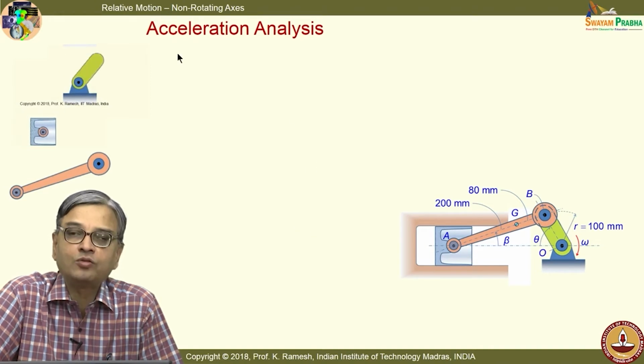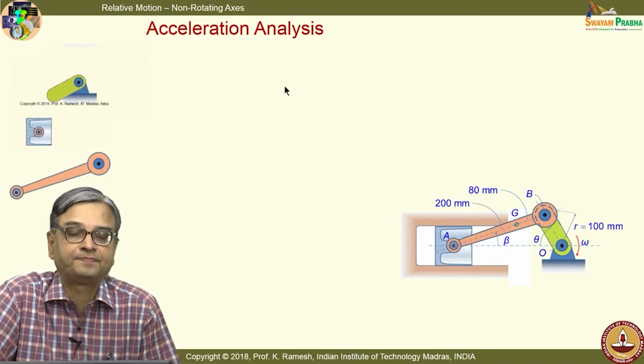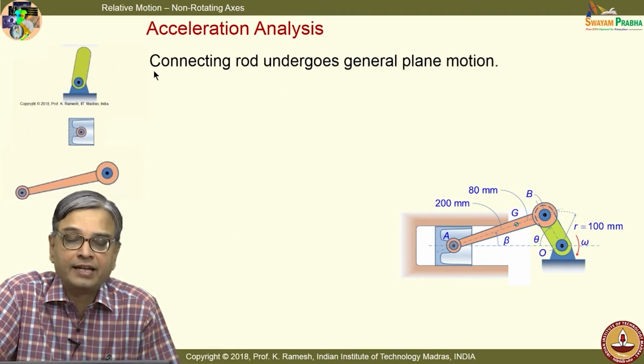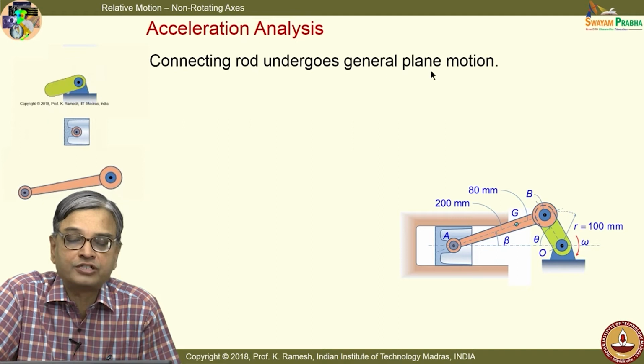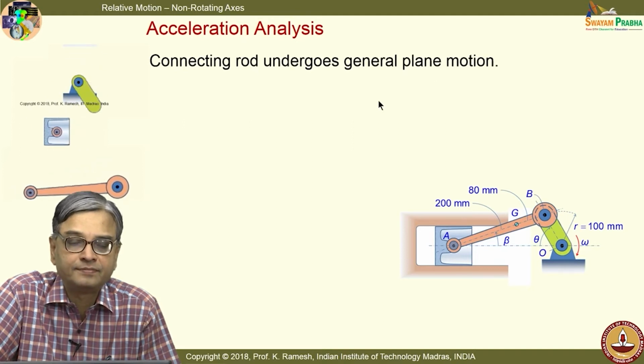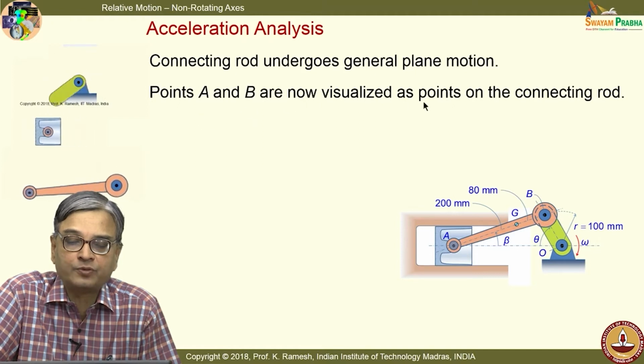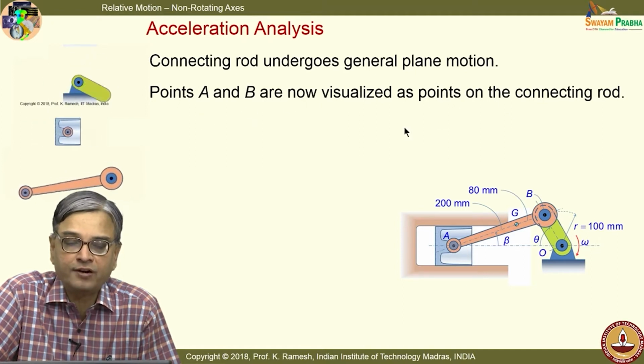Now, let us move on to acceleration analysis. We have already recognized that the connecting rod undergoes general plane motion. Points A and B are now visualized as points on the connecting rod.